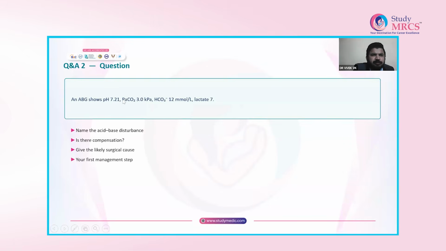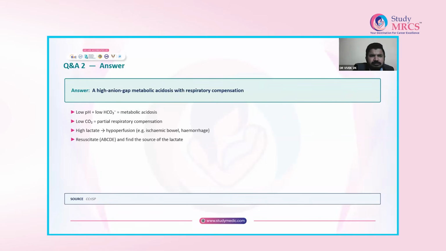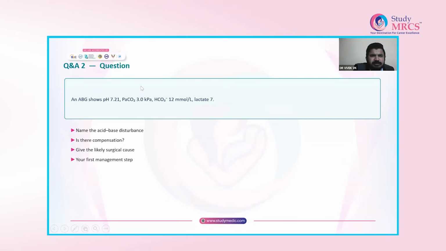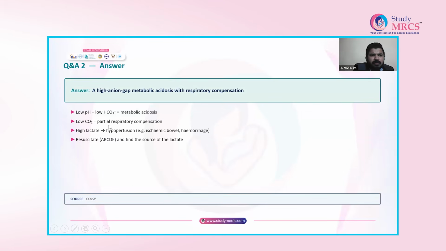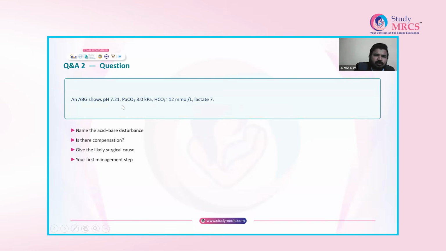Here the pH is 7.21, so that means the patient has acidosis. The bicarbonate is low, so the patient has a metabolic problem. The CO2 is also low, which means some sort of respiratory compensation, and the lactate is elevated.